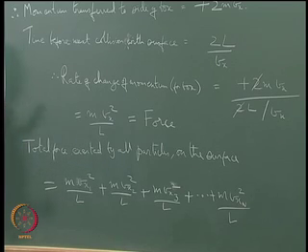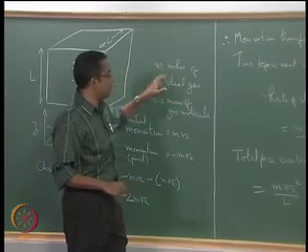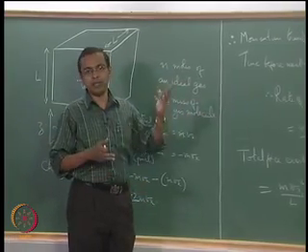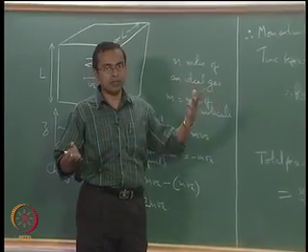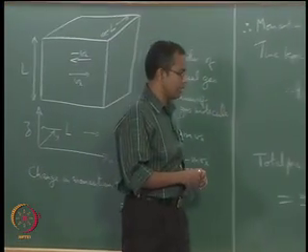We already know that we started by saying that there are n moles of an ideal gas present inside. So if you have Avogadro number, this capital N is simply small n times Avogadro number. That is your total number of particles present.